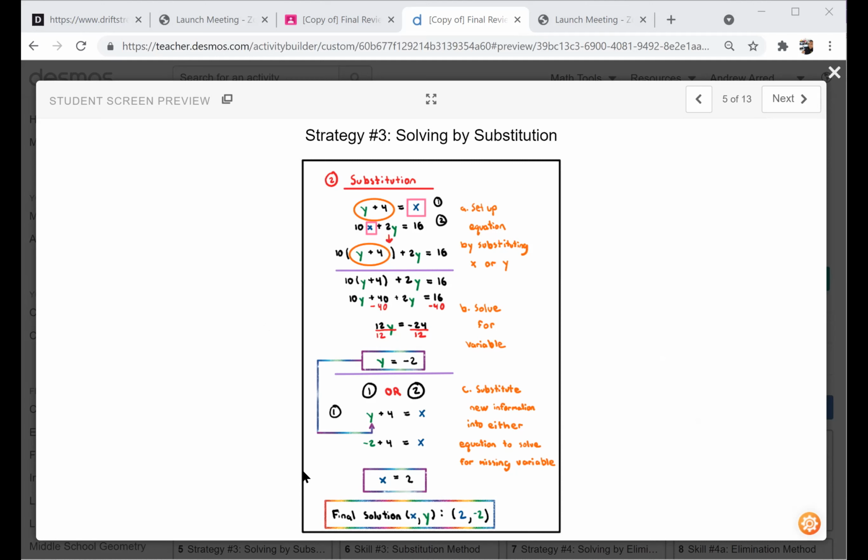You guys are reading screen 5 and doing 5 and 6.